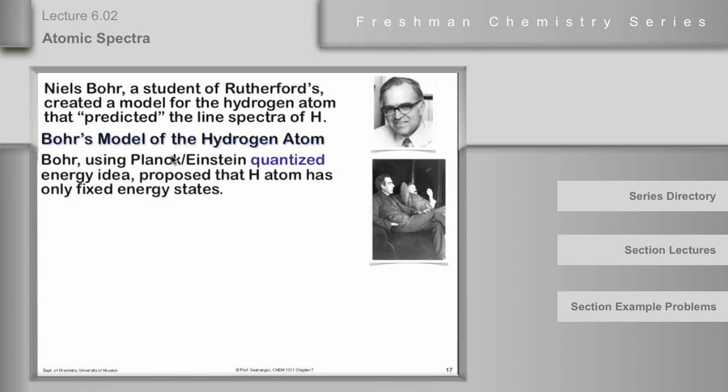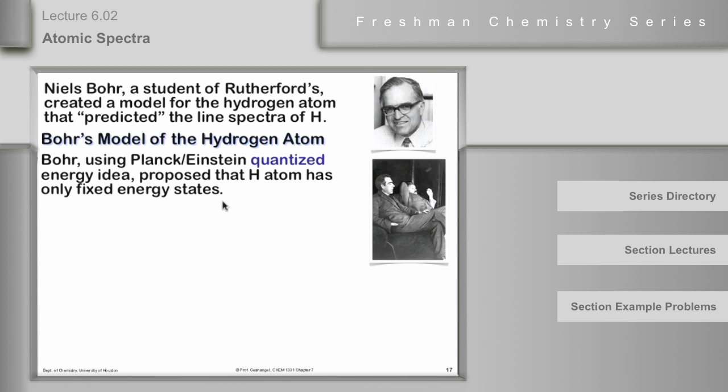And this is what he did. The first thing he did was to accept the Planck-Einstein idea of quantized energy. And he applied this to the hydrogen atom, and he said the hydrogen atom must have only fixed energy states. Okay? The reason he said that was he couldn't come out with the line spectrum idea without that.